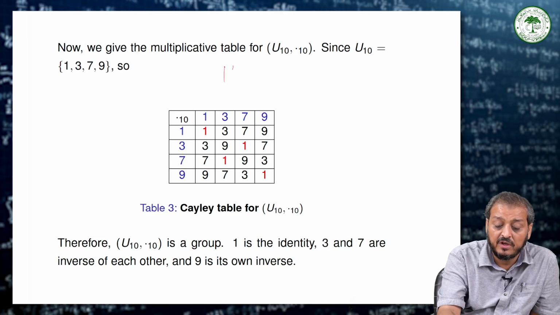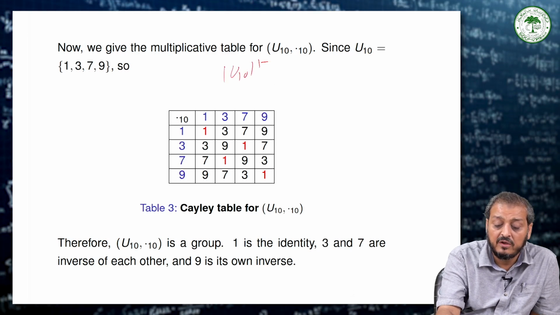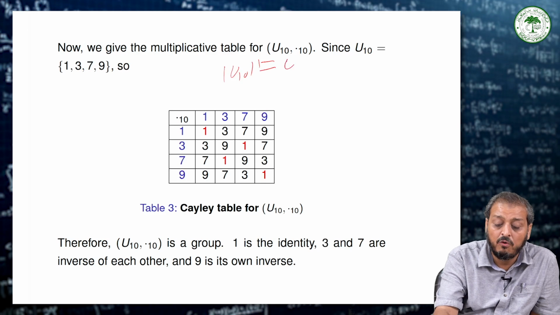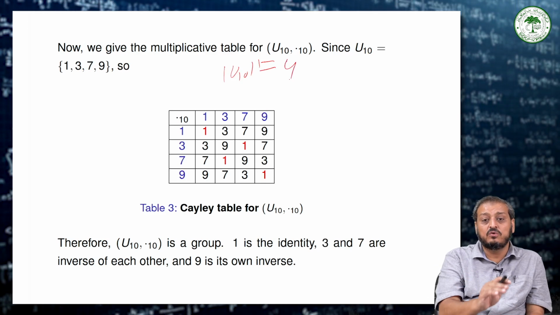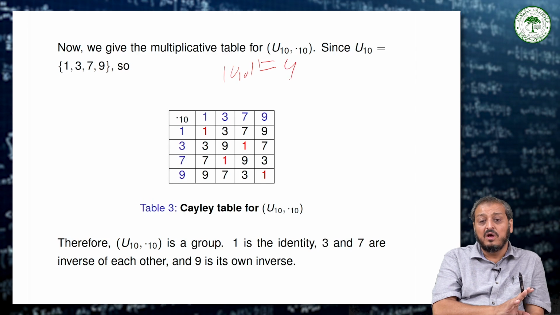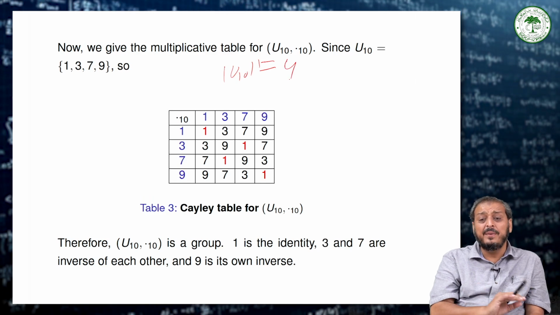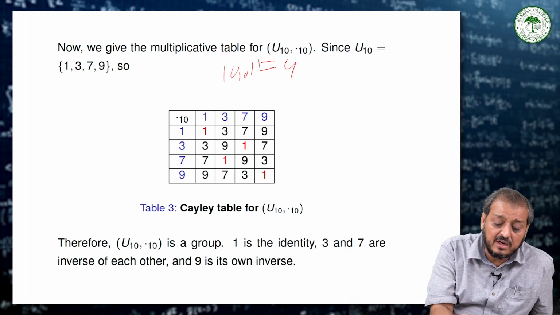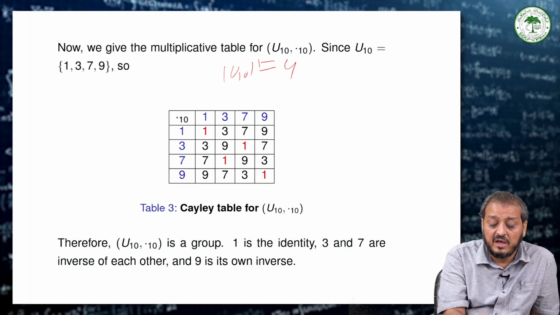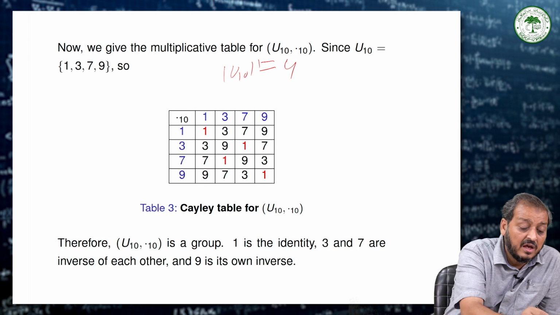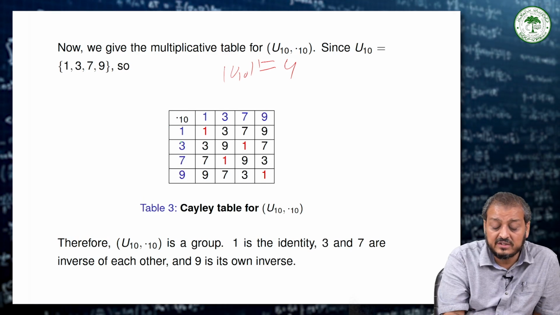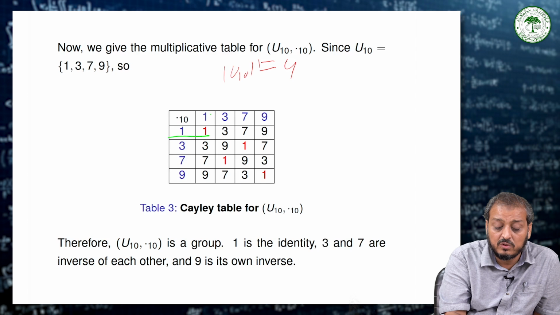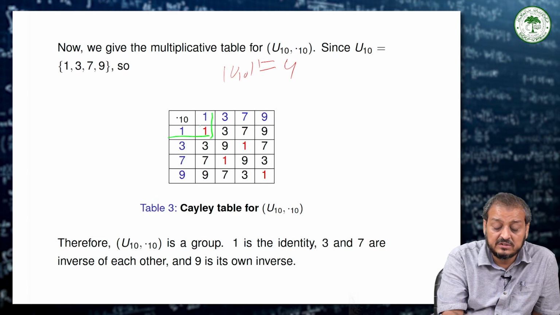So the size of U10 is 4, and the order of this group is clearly 4, and this is an abelian group under multiplication. So we take multiplication modulo 10, and then you just check. We have to check this one intersecting with this one.